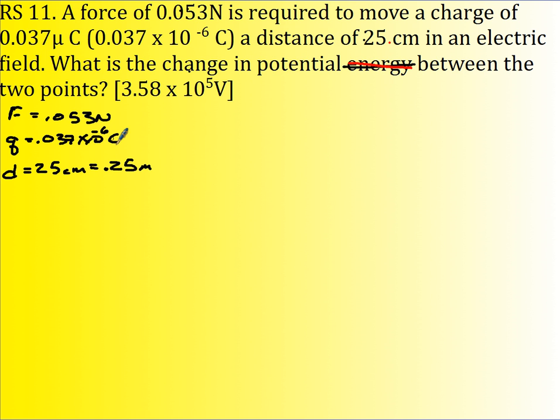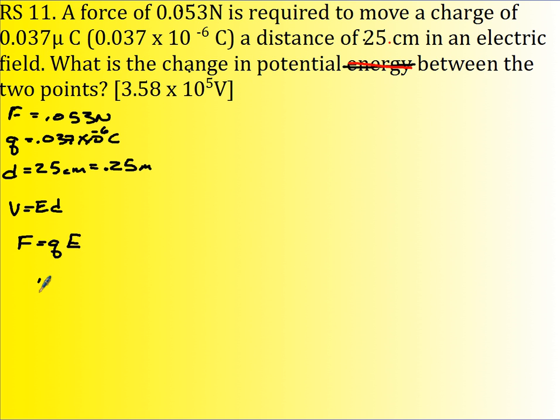What is the change in potential? Well, this one's got multiple steps. I'm looking for V, and I know V is ED. I have D, but I don't have E. But look at this, I have F and Q. And I know that F is QE.